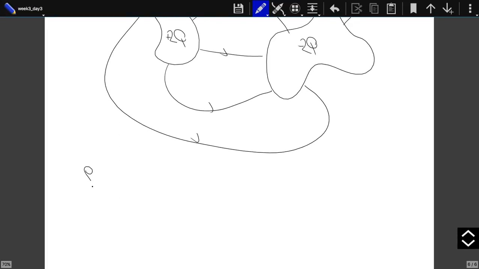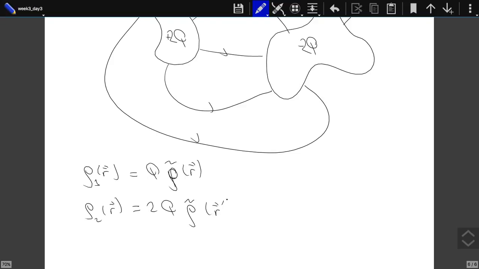So let's say rho of R, let's write this as Q times rho tilde of R in the first case. In the second case, since we are putting twice the charge, you are saying that the total charge will be 2Q, and it will have some other distribution.